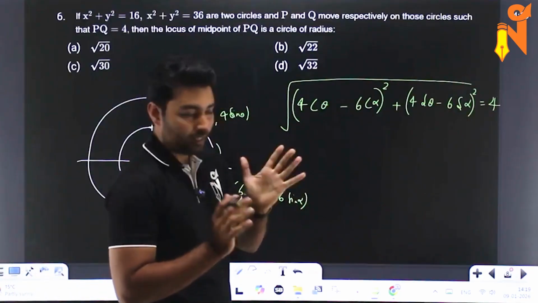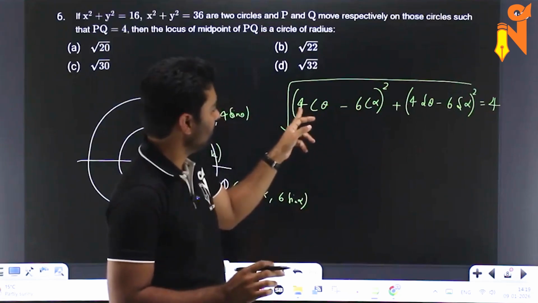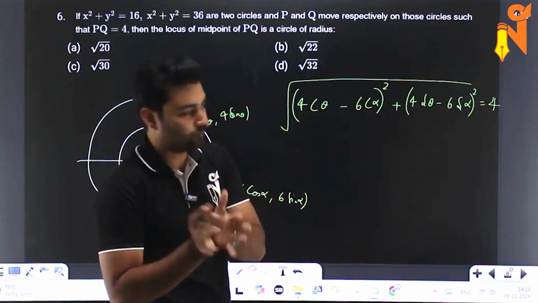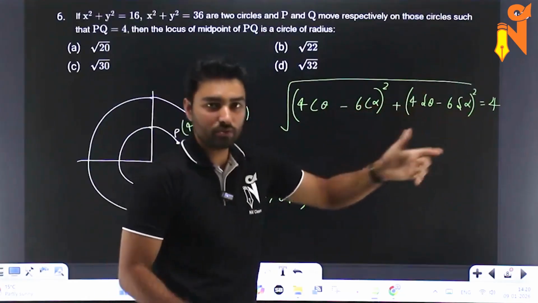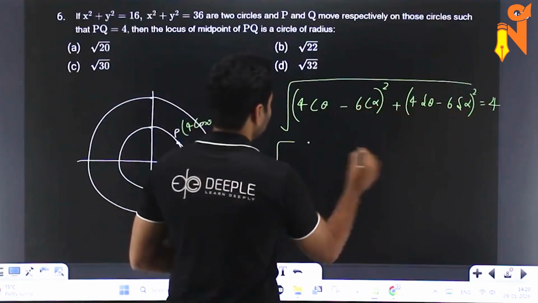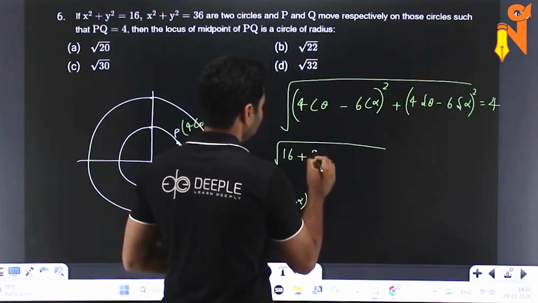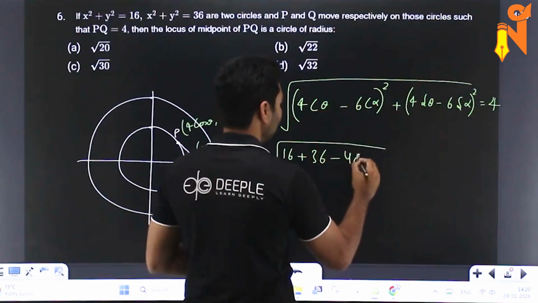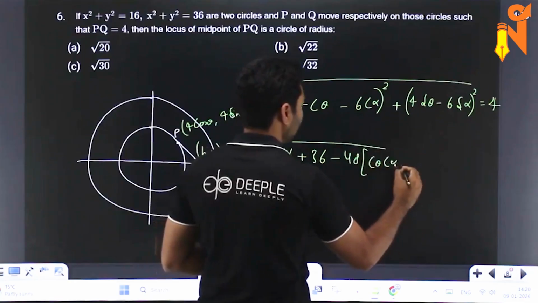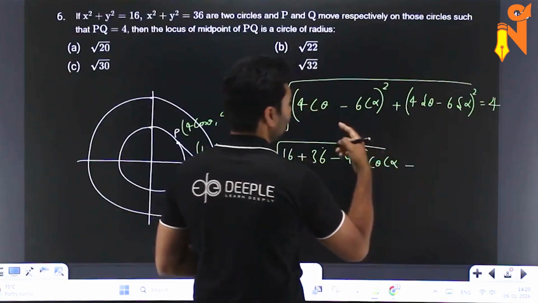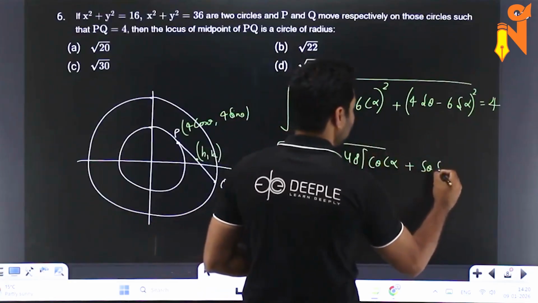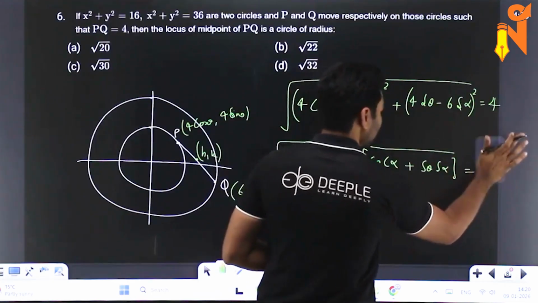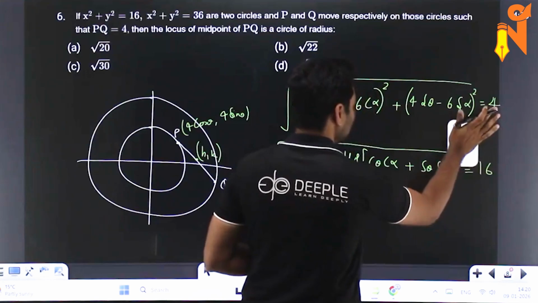The smartness is cos square into 16, sin square into 16, that means combine 16. 36 here, 36 here, so 36. Basically 16 plus 36, and the remaining you will get 24, 48. So 48 into cos theta cos alpha plus sin theta sin alpha, equal to 4. Let's remove the root here, 16. Remove this root. Wait.